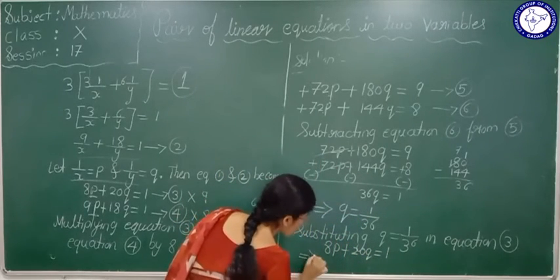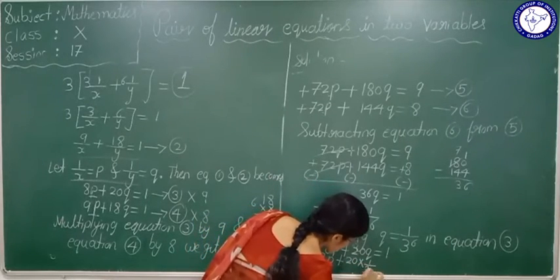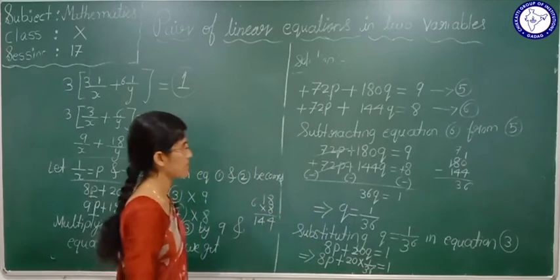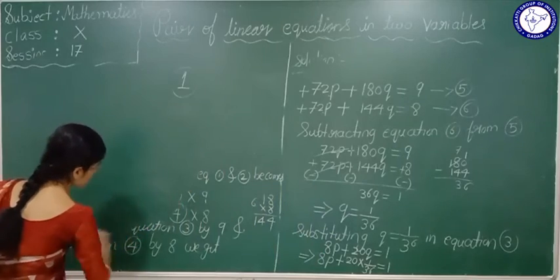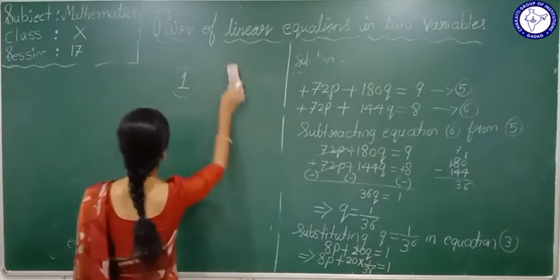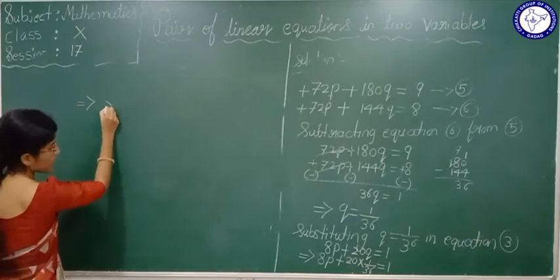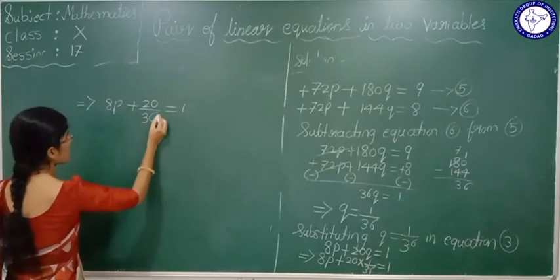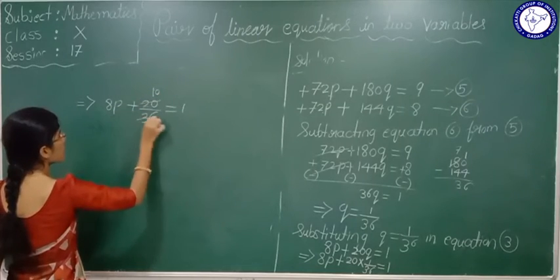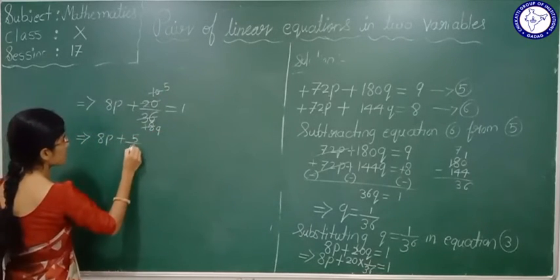So 8p plus 20 multiplied by 1 by 36 is equal to 1. If you simplify, 8p plus 20 by 36 is equal to 1. 2 10s are 20, 2 18s are 36, so 8p plus 5 by 9 is equal to 1.